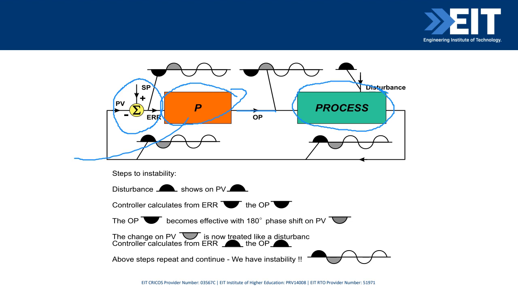Now, don't worry about all these little squiggles and things here. Just understand that the process controller has an output, and the output feeds into the process. So this could be controlling a valve, for example, a little valve.